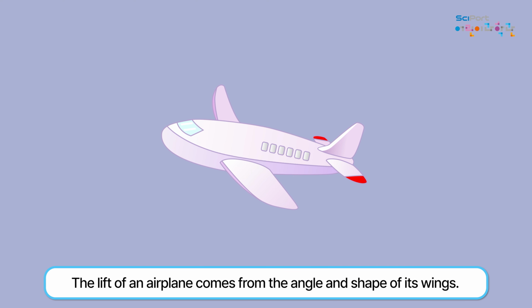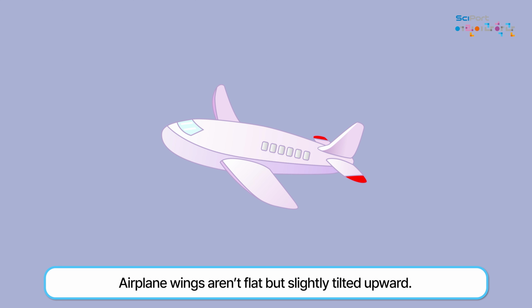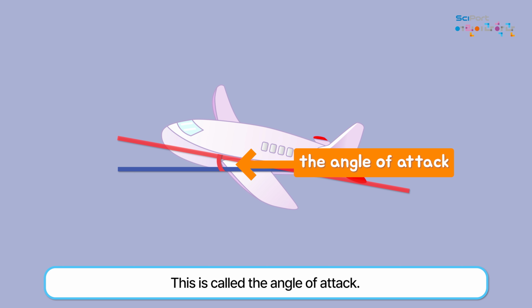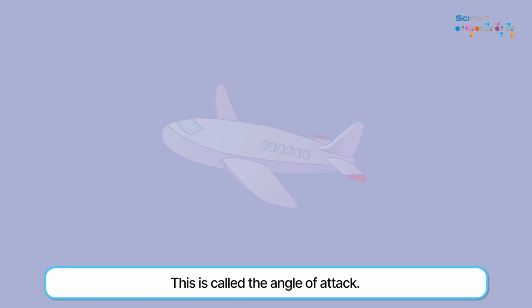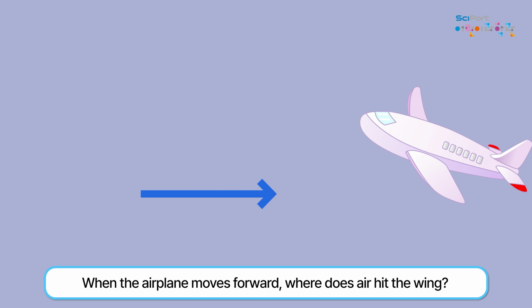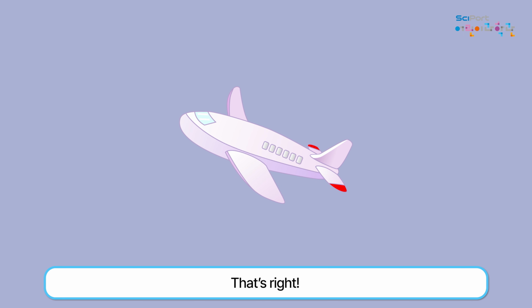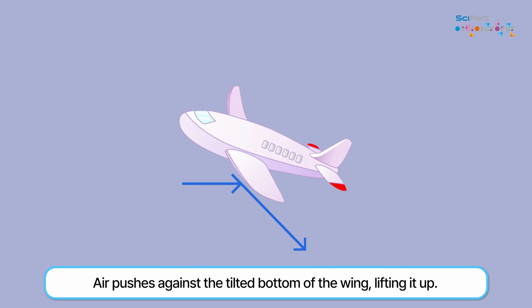The lift of an airplane comes from the angle and shape of its wings. Airplane wings aren't flat but slightly tilted upward. This is called the angle of attack. When the airplane moves forward, where does air hit the wing? The bottom? That's right. Air pushes against the tilted bottom of the wing, lifting it up.